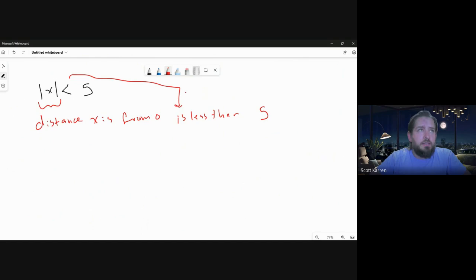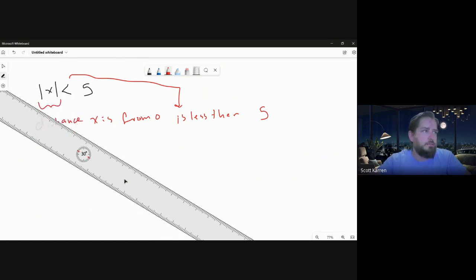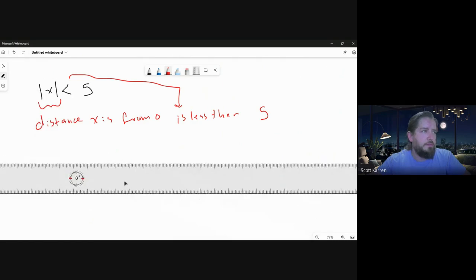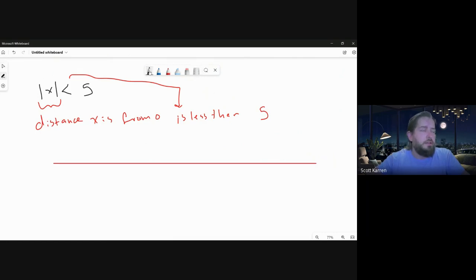So if I look at some number line, I don't know how to get rid of this now. Go away. There we go. So I've got a number line. I've got 0 hanging out here. I've got 5, and I've got negative 5, right?